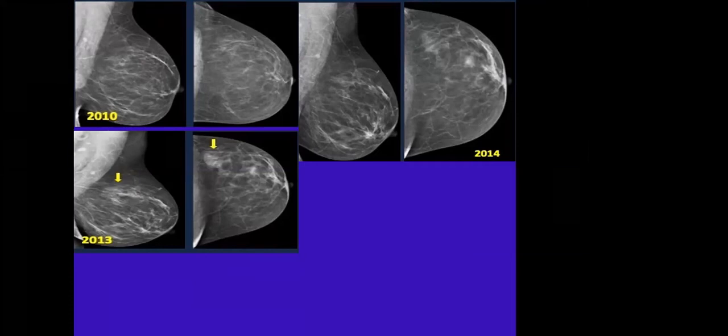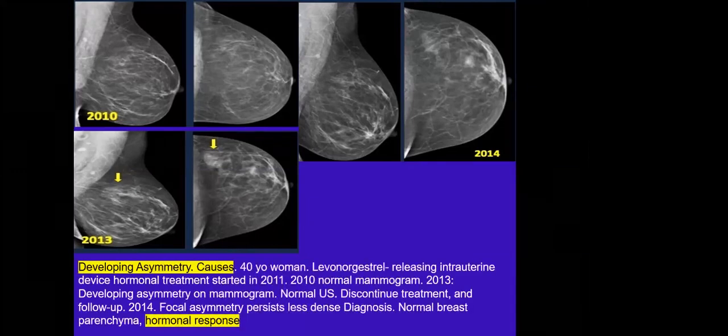And what about 2014? What happened to that asymmetry? It decreased. What does it indicate? Maybe she was on hormonal replacement therapy and then she stopped it. Excellent, well done.